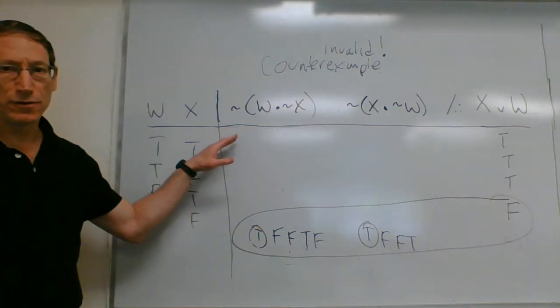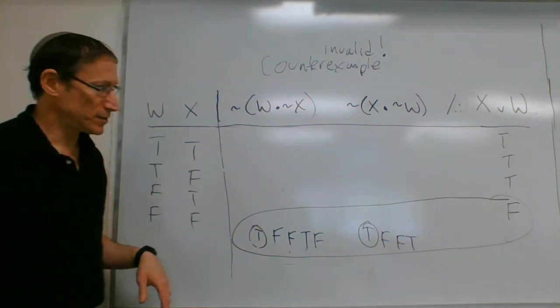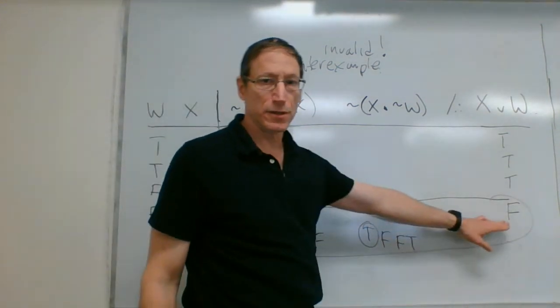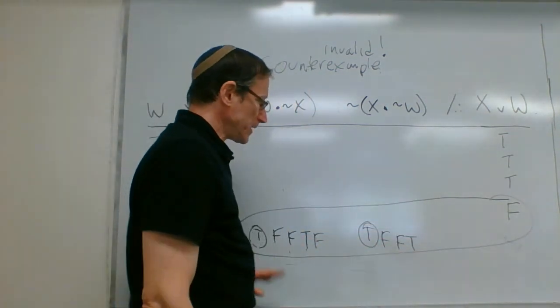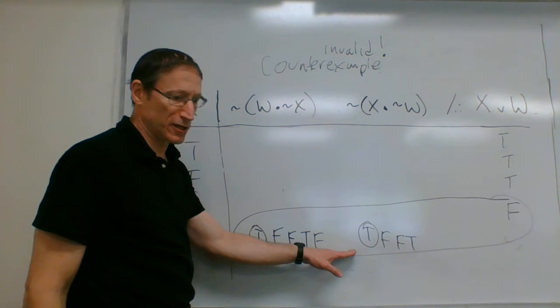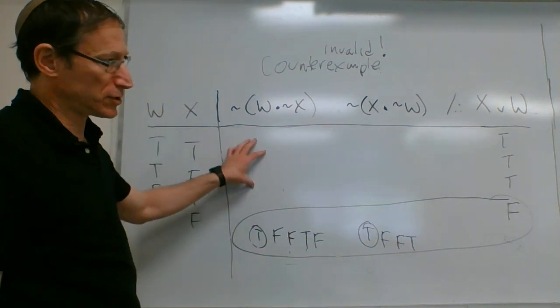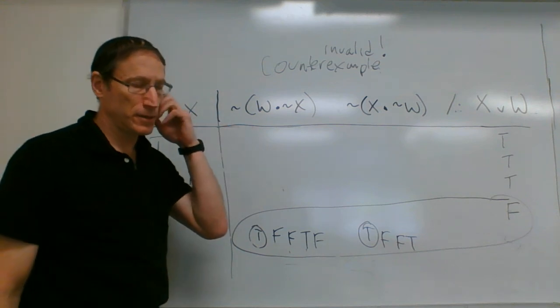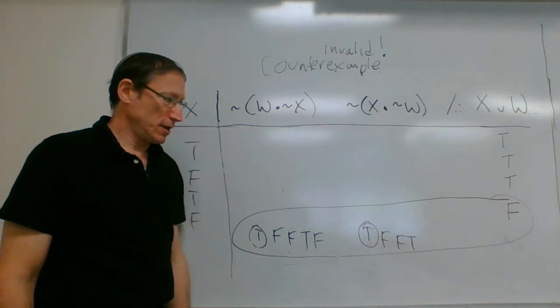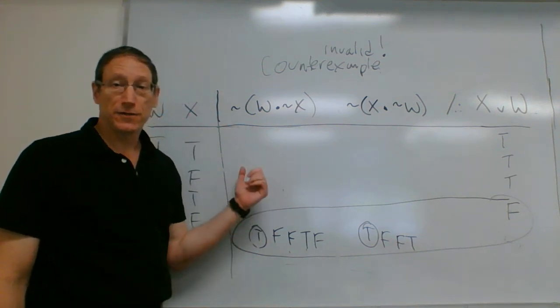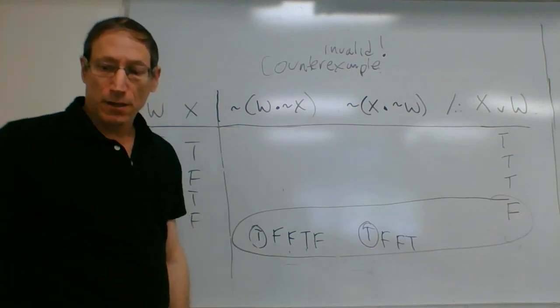I didn't have to do the three rows here because only on this row was this false. Therefore, the only possible counterexample could have been on the bottom row. It turned out that there was a counterexample on the bottom row, but I took a shortcut and saved myself from having to do the top three rows, at least for the premises.